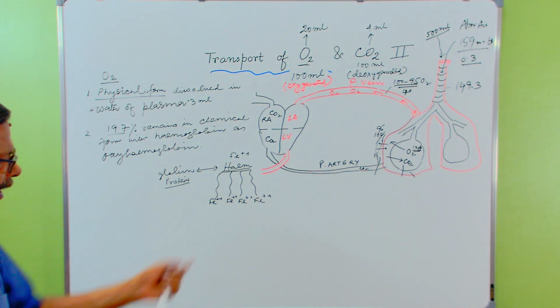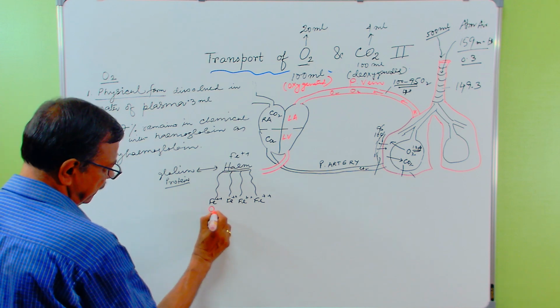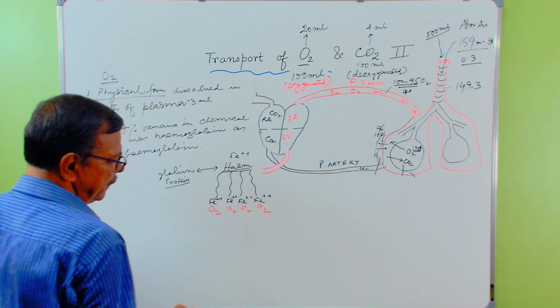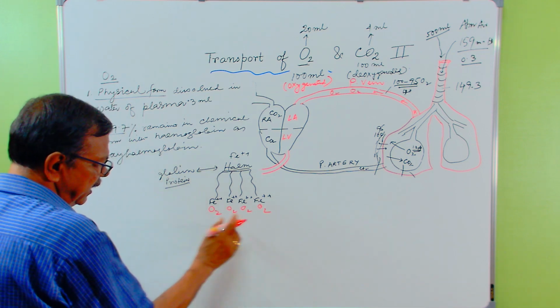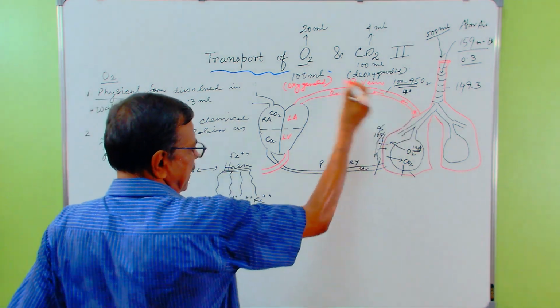Each atom of Fe can bind 1 molecule of oxygen, so hemoglobin can carry 4 molecules of oxygen at a time.